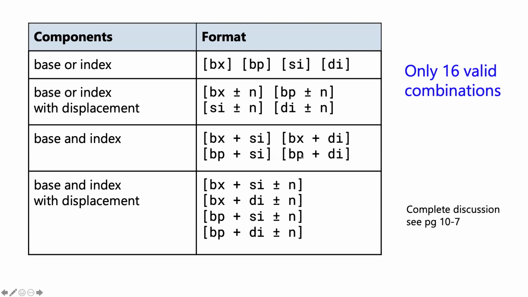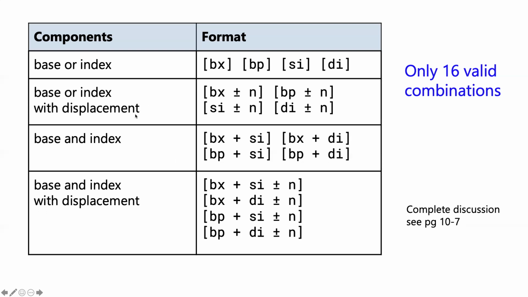All these other modes are really just that with one or more things left out. My next slides go through these individually, so I'll try and talk through that real fast, but base and index is just this mode without the displacement, without the constant plus or minus n.